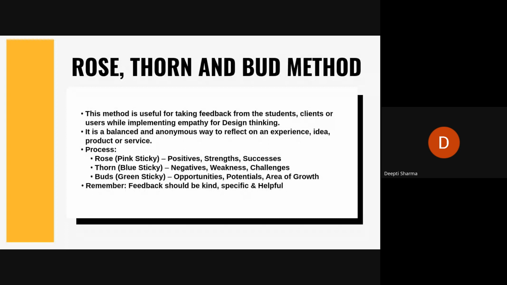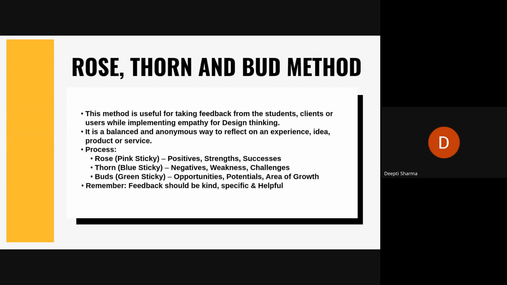The process says we should have a pink sticky, a blue sticky, and a green sticky. Pink sticky means the rose, blue sticky means the thorns, and green sticky means the buds. In the rose, we should note down the positives, the strengths, and the successes of the models implemented.